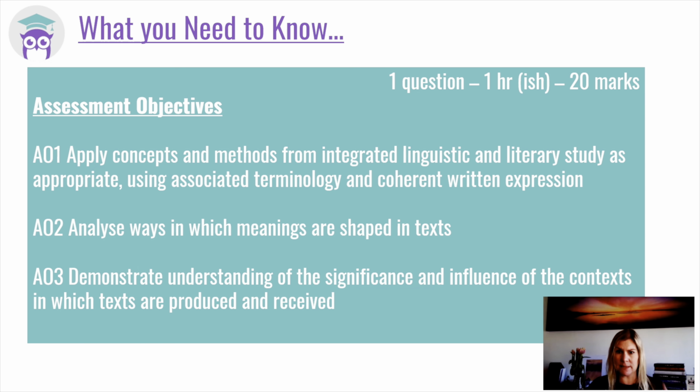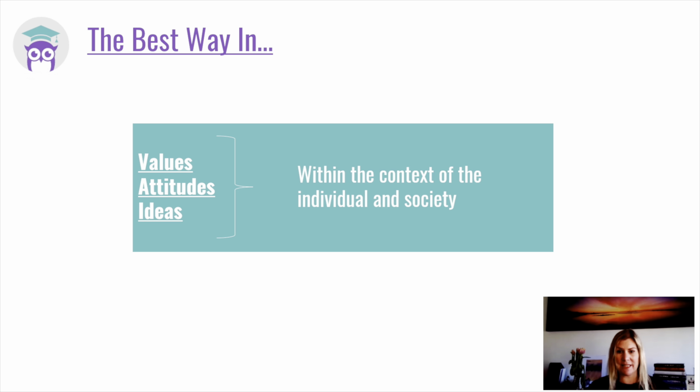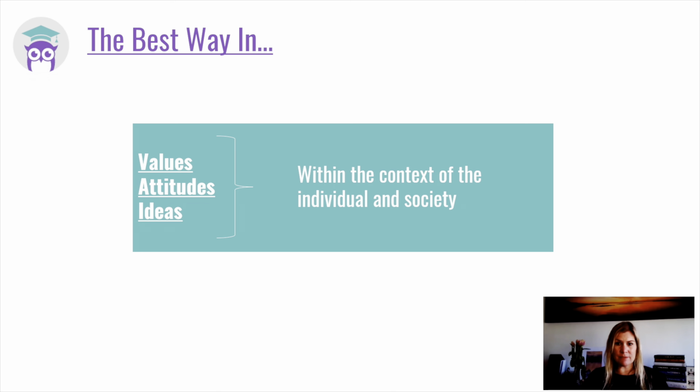Right, let's get into a bit more detail. For me, this is the way: approaching the text by constantly thinking about the VAI, values, attitudes, and ideas. Values, attitudes, and ideas really means what their thoughts, feelings, and belief systems are.